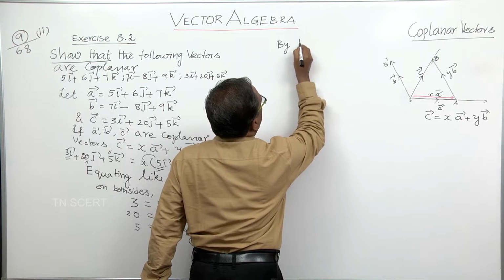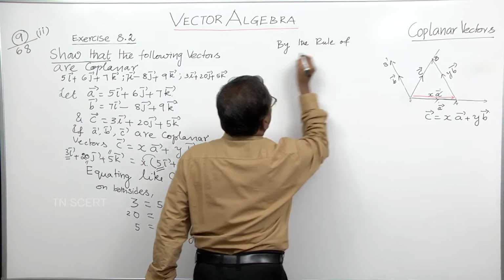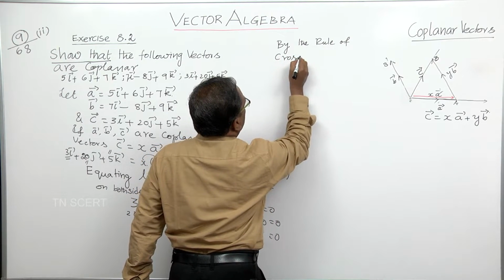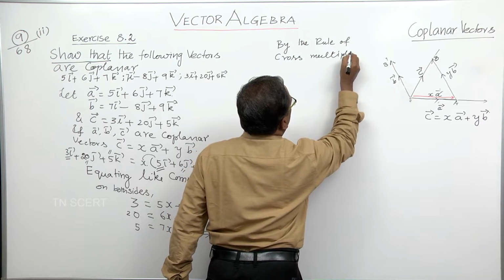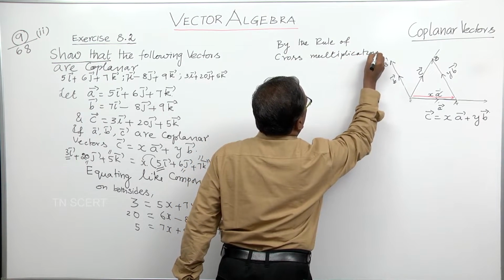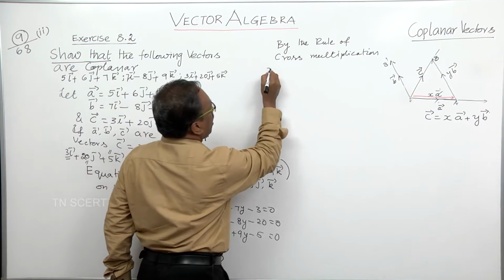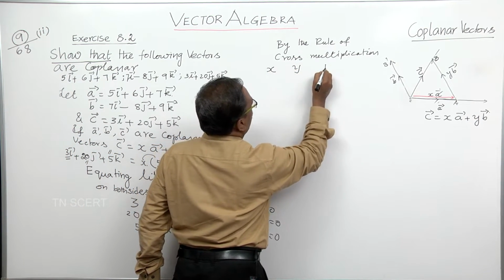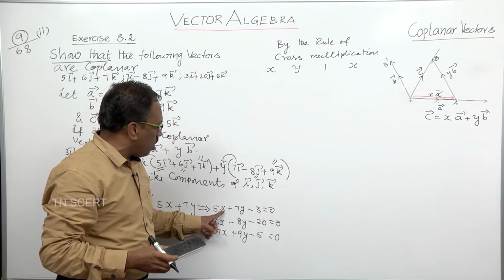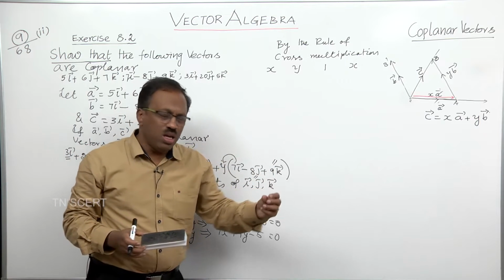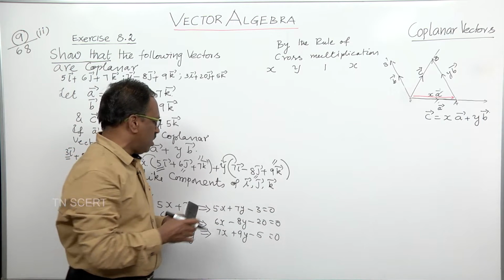By the rule of cross multiplication, we can solve this in a very simple and easy way to know the value of x and y. So, let me take x, y, 1, and like this I can take the coefficient of x, y and constant.